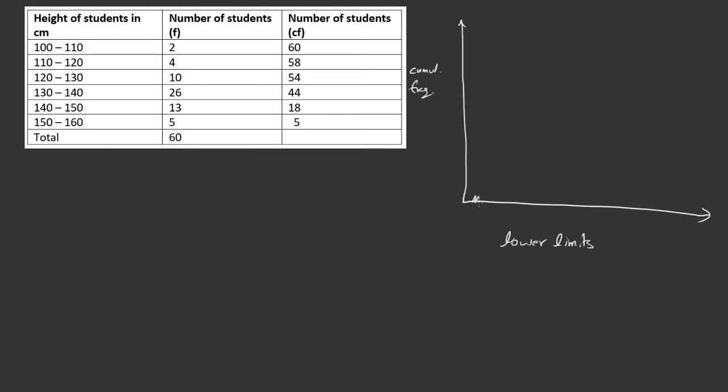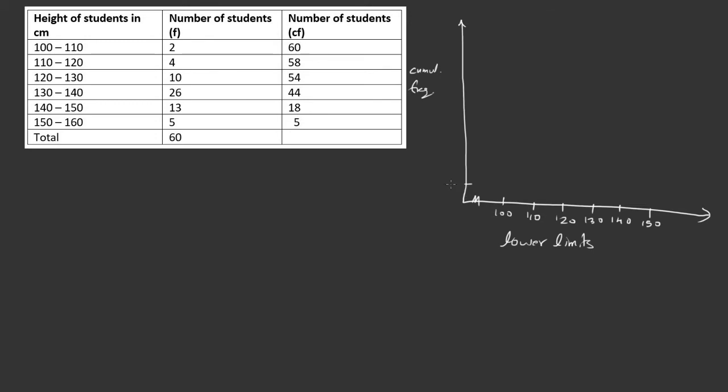Choose convenient scales. I can mark 100, 110, 120, 130, 140 and 150. The value again varies from 5 to 60.